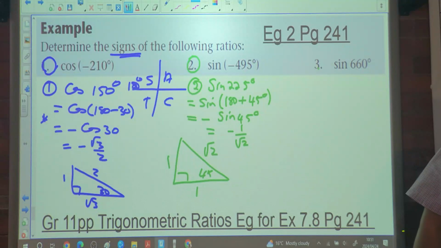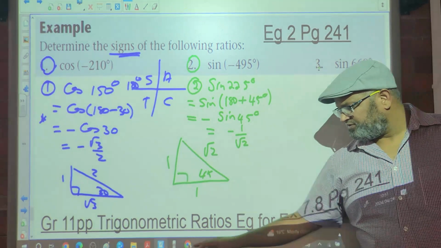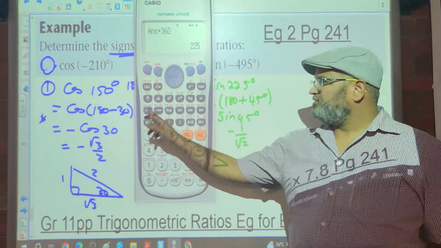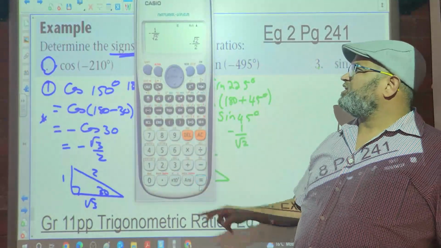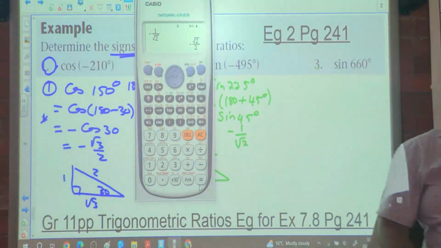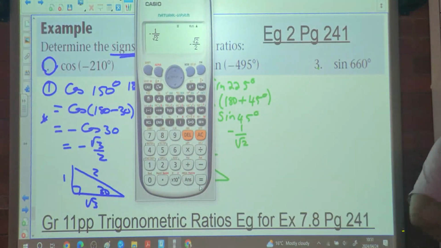That's why I got that answer. In the back of the book it says negative root 2 over 2. If you got negative 1 over root 2, remember the one we spoke about, rationalizing the denominator. You're going to get full marks for either. It doesn't matter. Are there any other questions?